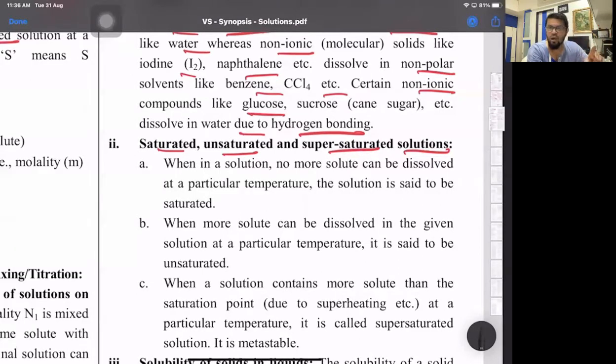Again, precipitation will not occur. Third condition, only when the ionic product is greater than the solubility product, then we say, yes, the solution is supersaturated. Now precipitation occurs. All right, so that's the part over there, the three solutions.